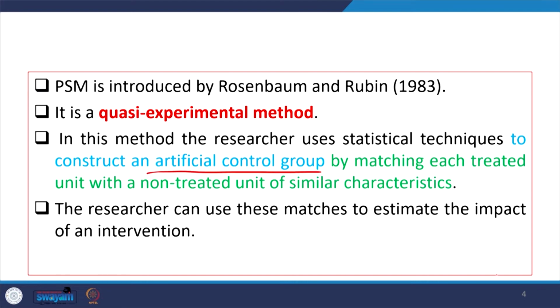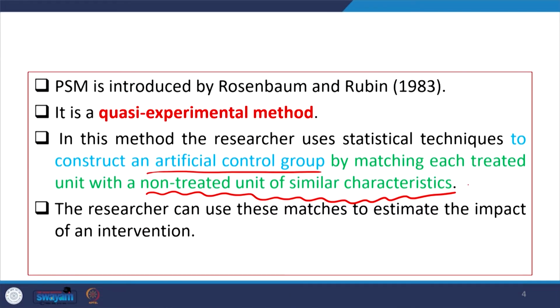The non-treated group should have similar characteristics as the treated group. Since by assumption we say they are similar, anyone could be considered as the control group. Any arbitrary one we choose to define as the control group is in fact called an artificial control group.